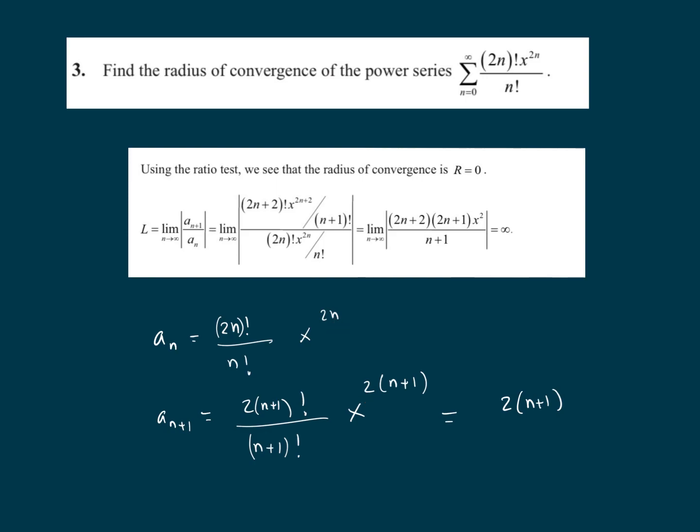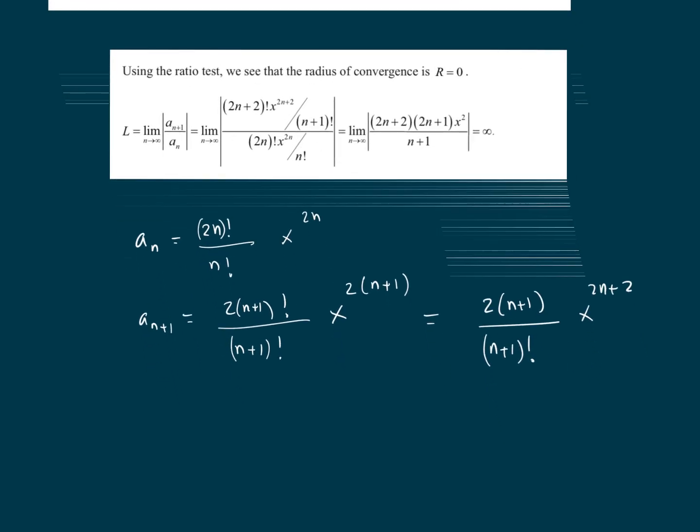It's 2 times n plus 1 factorial. So if you work a little bit, this will be 2 times n plus 1 factorial divided by n plus 1 factorial, x raised to the power 2n plus 2.